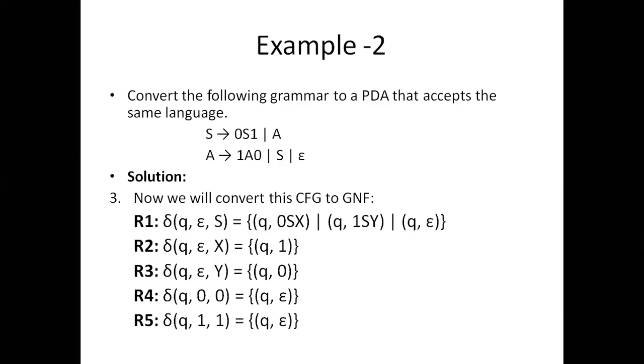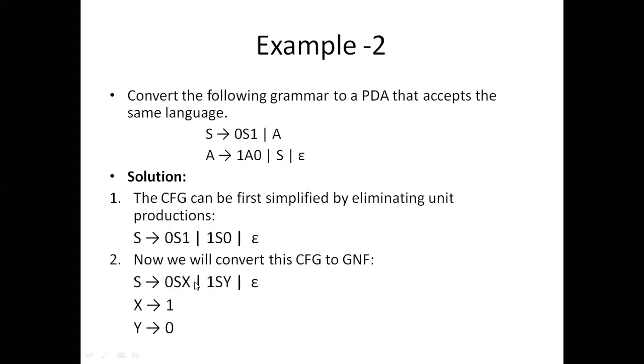So this particular step says that without consuming anything from the input, if S is there on the stack top, then what all is to be done? The machine remains in the state q only, and we replace this S on the stack top with 0SX, 1SY and epsilon. Now this is what is coming from this particular simplified GNF grammar.